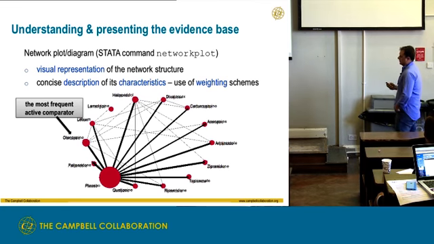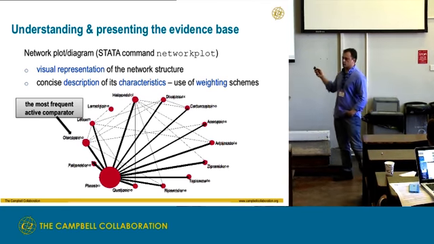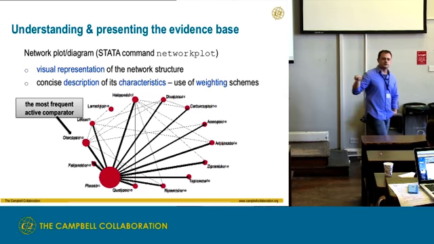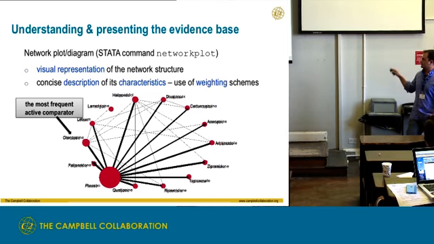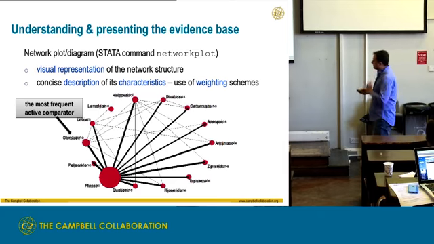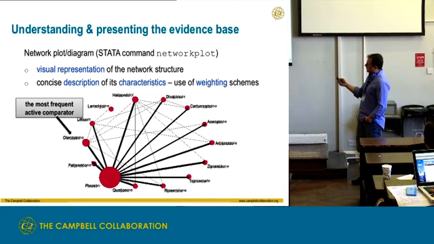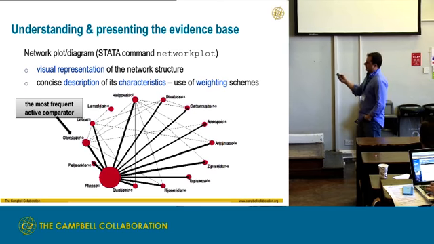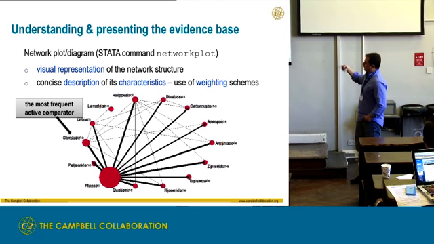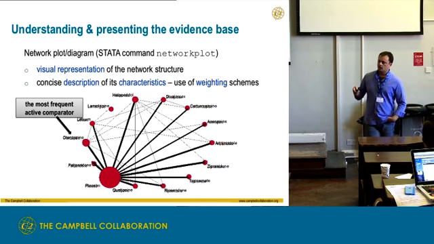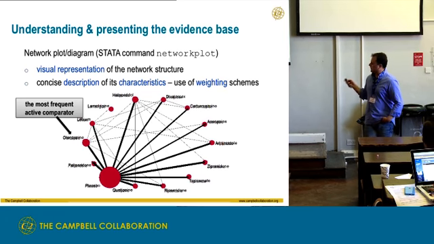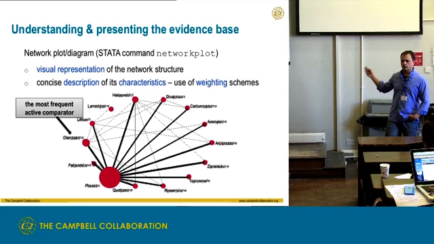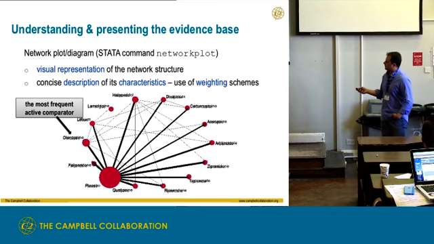Well, the most important plot is the network plot that tells you how information flows in the network, directly and indirectly. So you can use weighting schemes like the one I showed you before. You can adjust the size of the node to be proportional to the number of studies that involve this treatment.